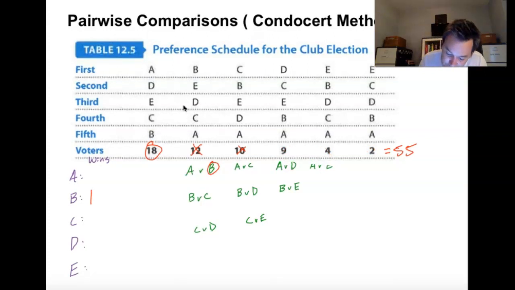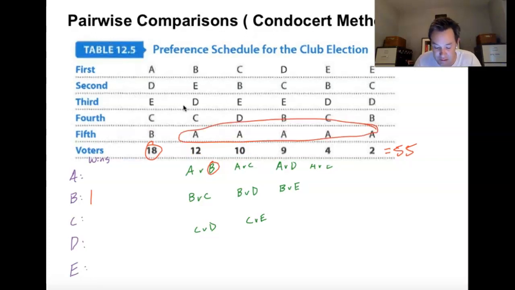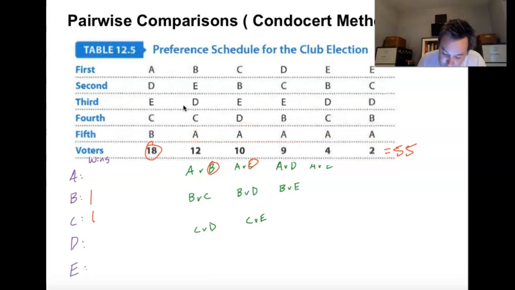A versus C. Again, A gets 18, but then A is in last place in all the other columns, so C gets all the others, so C wins on that one. So C has 1 head-to-head matchup win. A versus D, same deal.